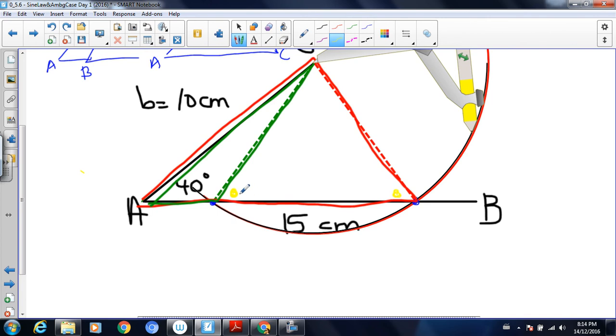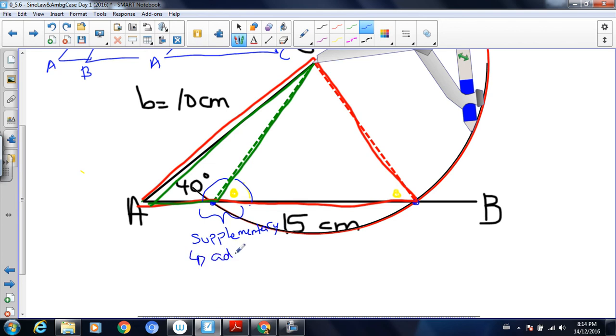Now, this angle, between here and here, these are supplementary. What does that mean?